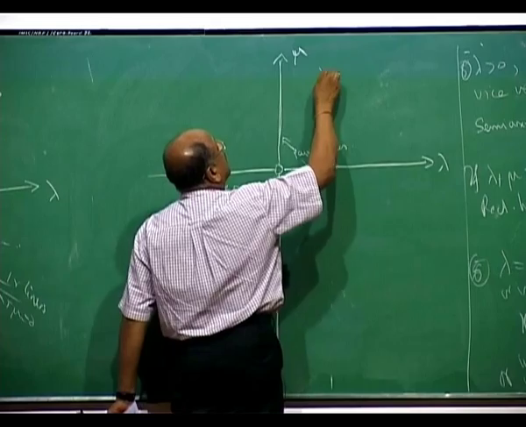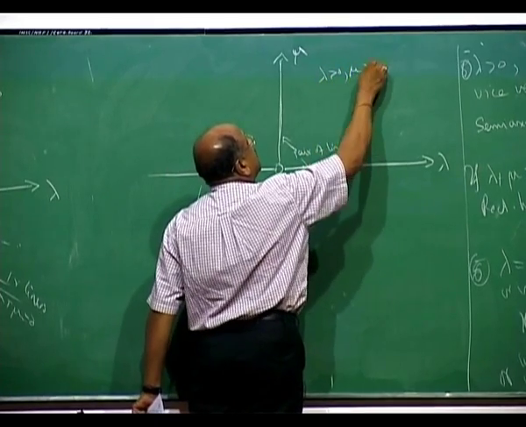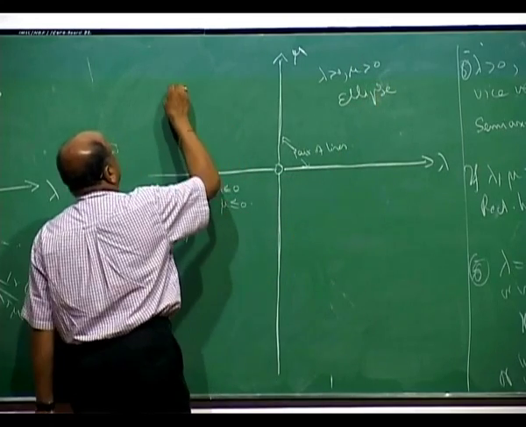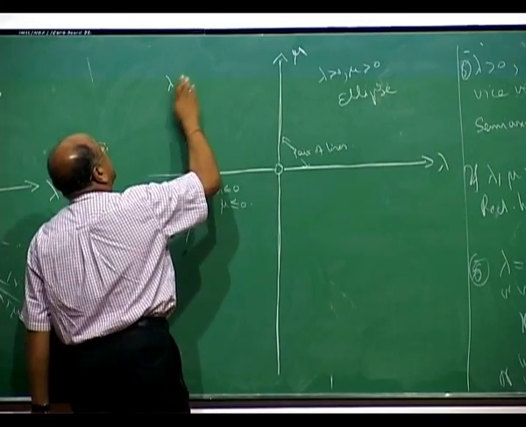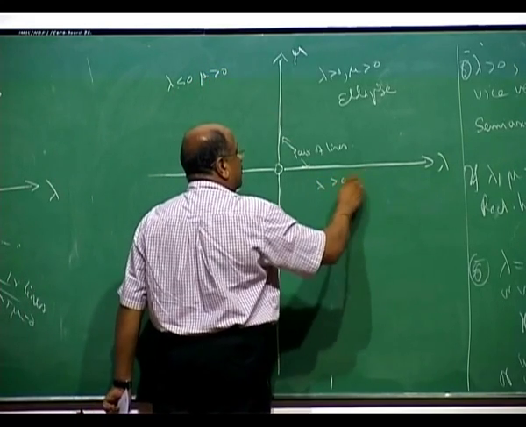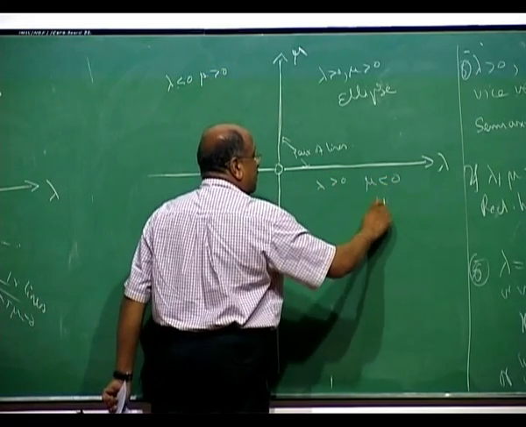If it's on this axis or on this axis, then you get a pair of lines. And here you have lambda positive, mu positive, you have an ellipse. And here lambda negative, mu positive, lambda positive, mu negative, you have a hyperbola.